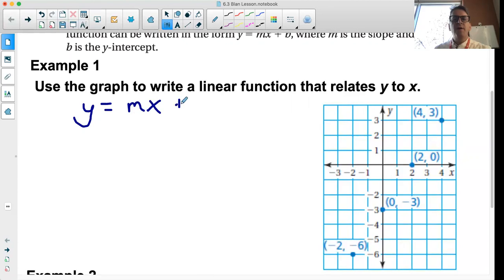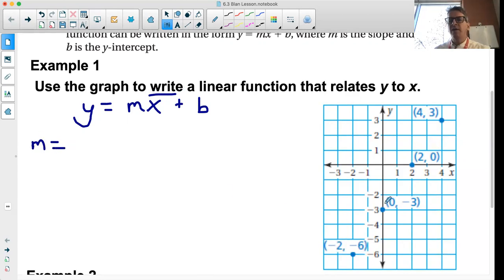If we have those, we can go ahead and write the linear function of this relationship. Let's first see if we can find our slope using our points on the line.